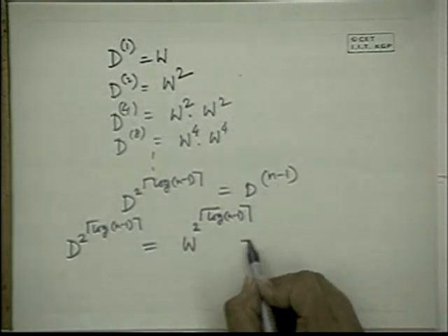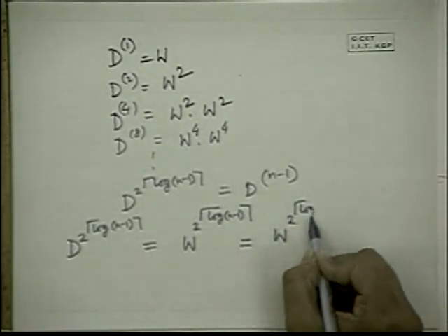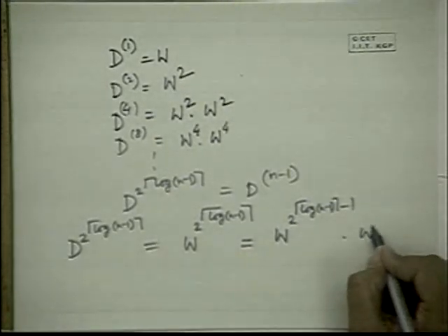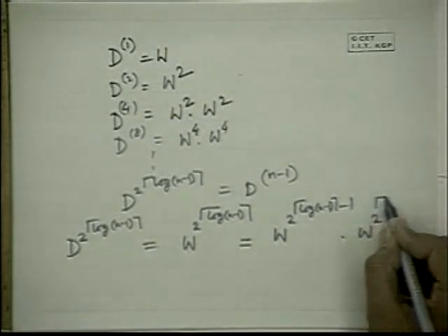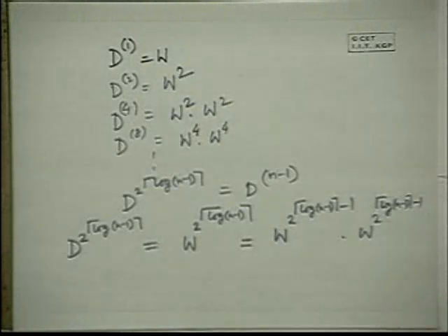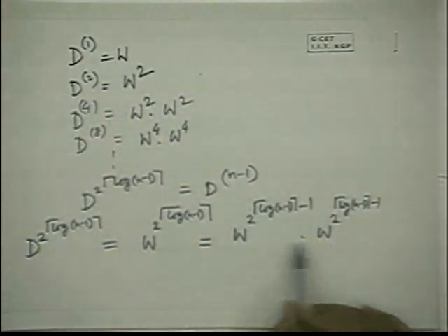This you can write as w to the power 2 to the power log n minus 1 minus 1, multiplied again with the same thing, 2 to the power log n minus 1 minus 1. Okay, so this is what you do.